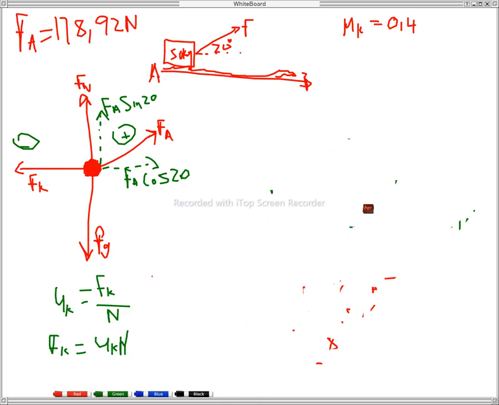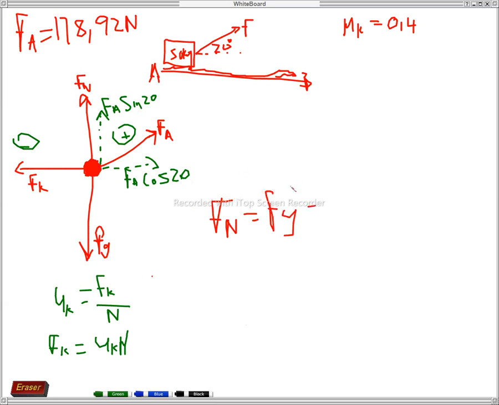So now we have to determine the normal force. We could use this formula, but we don't have the friction. We don't know the value of the friction. We only have the coefficient of the friction. So therefore, the normal force is equal to Fg, you understand?